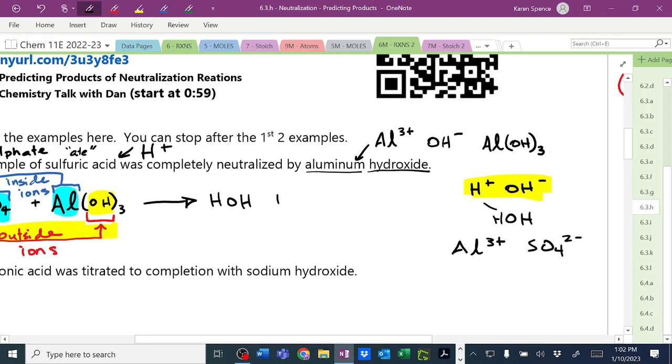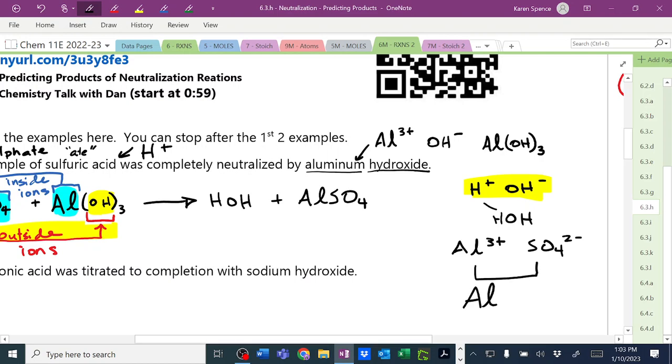Would it be okay to just write it like this, AlSO4? Is that cool? Not cool. Very uncool. It's not balanced. And balance is... I don't know what I'm trying to say. Never mind. Okay. That did not go well.